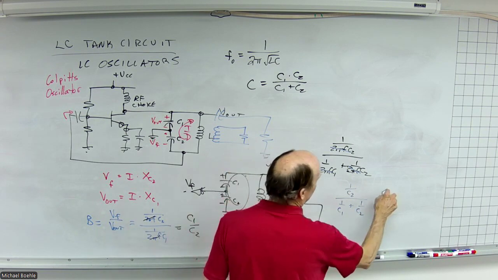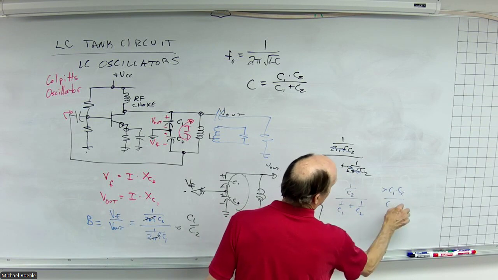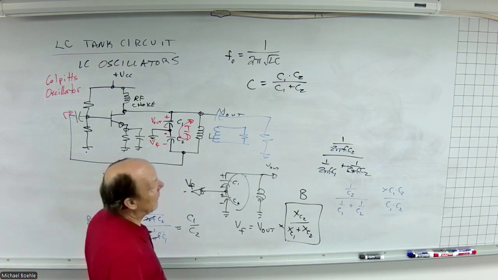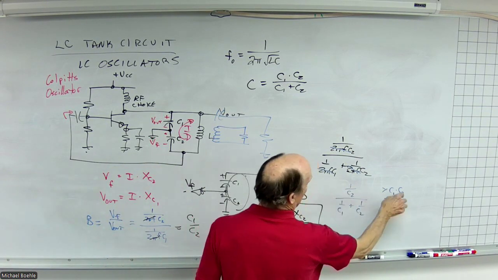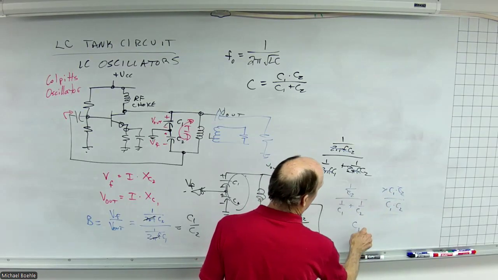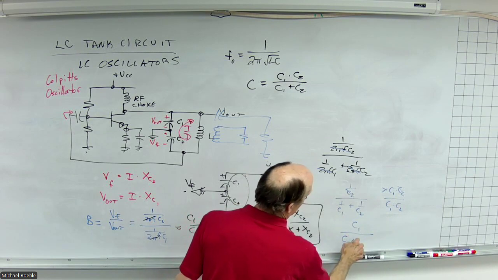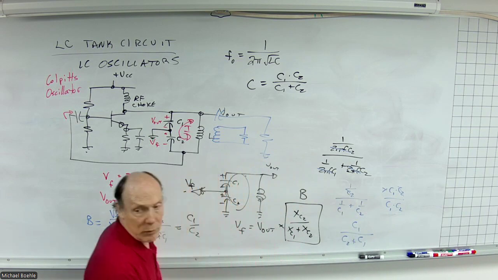And if I multiply this by C1 times C2 divided by C1 times C2, right? It's 1. I haven't changed anything. 1 over C2 times C1 times C2 cancels out to C1, and I have C1 plus C2 here, so it's C1 divided by the sum.